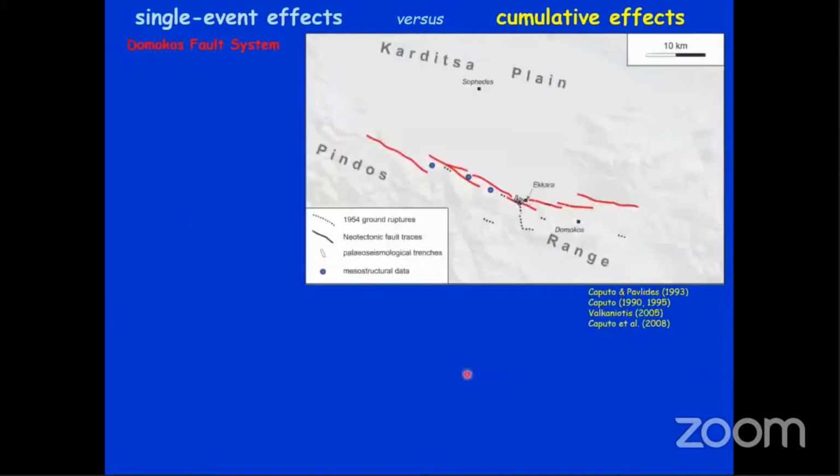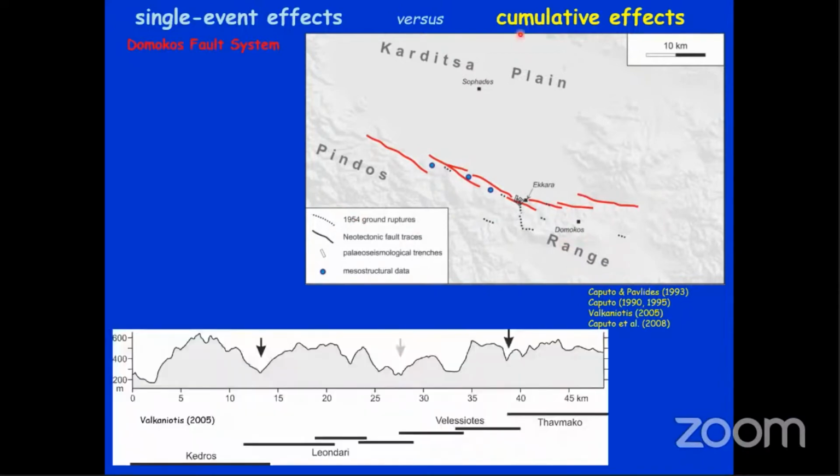We move to the third example. South Karditsa Plain is bounded by a system of faults, clearly highly segmented. Also in this case, geological mapping, morphostructural mapping, morphotectonic and structural mapping could allow us to document this.